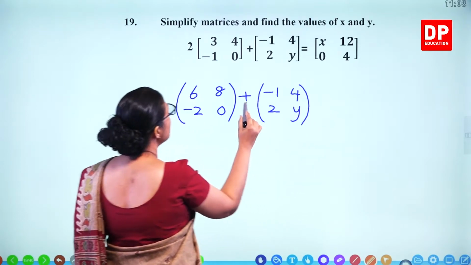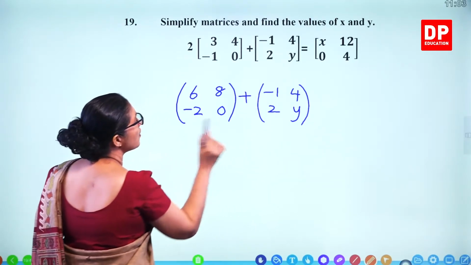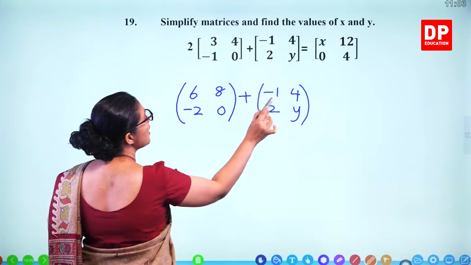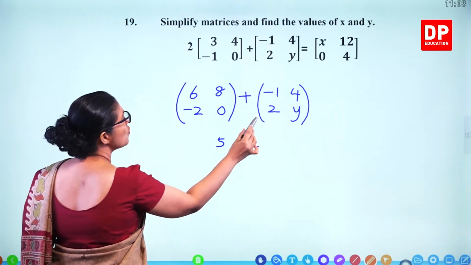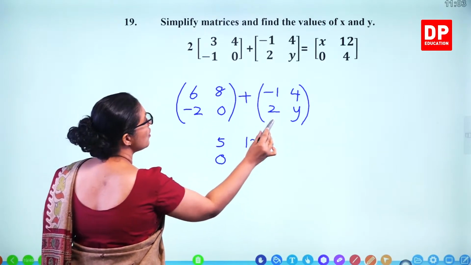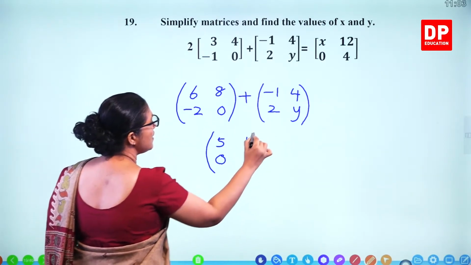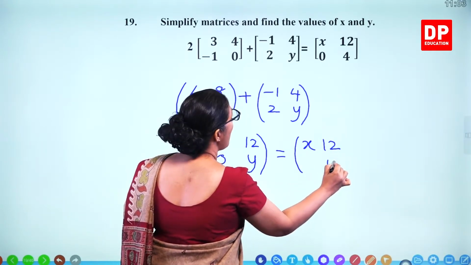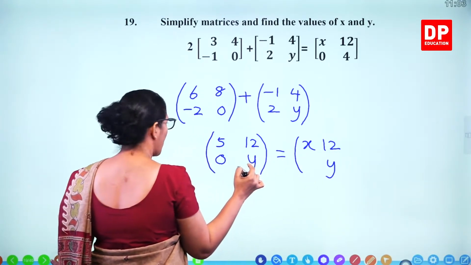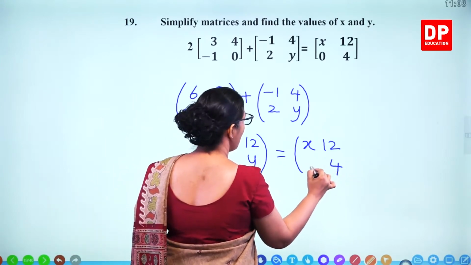Corresponding elements you can add. 6 minus 1, 5. 8 plus 4, 12. Minus 2 and 2, 0. 0 and y, y. This is the same as x, 12, y. This is 4 given. 4 and 0.